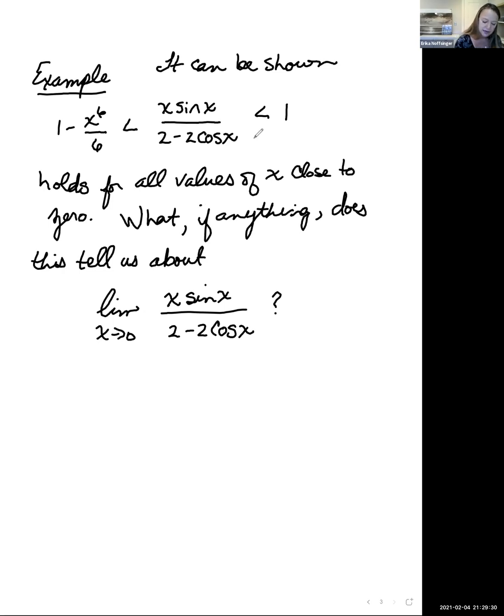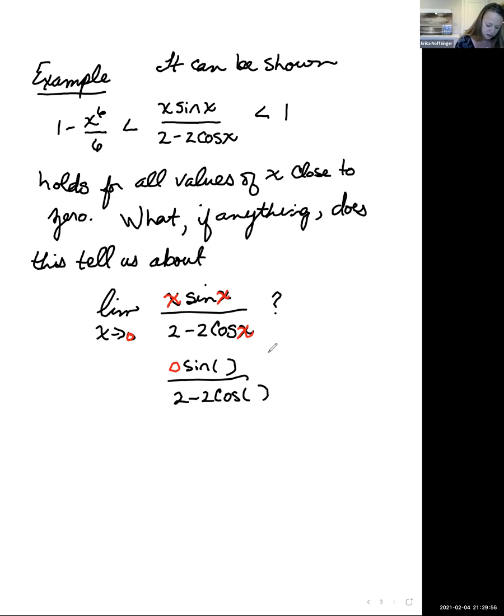First thing I would always do is direct substitution, and see, do I get some number out of here? Unfortunately, if we plug in 0 wherever we see an x, we get 0 times sine of 0 all over 2 minus 2 cosine of 0.